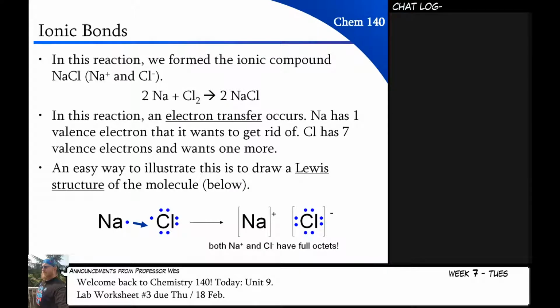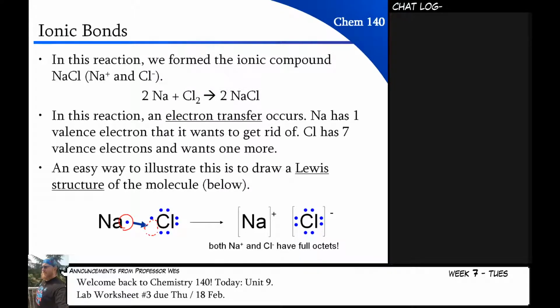Now, in reality, what is going on here is an electron transfer is occurring so that everything ends up with an octet. Sodium has one extra electron here, keeping it from having an octet, which remember 0 and 8 are the octet. Chlorine has an empty space here, and it would do anything to have an electron.